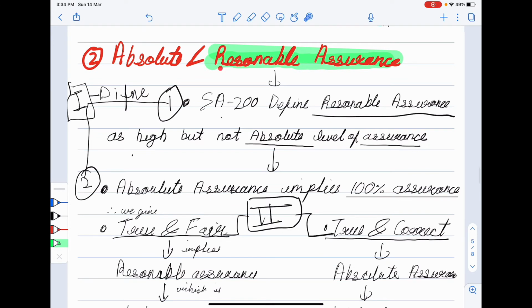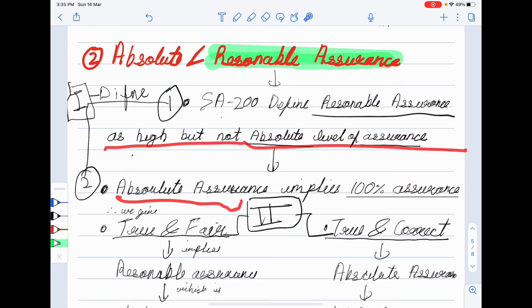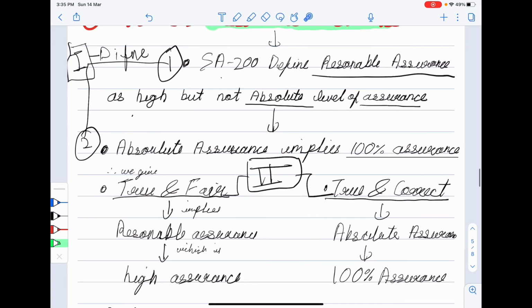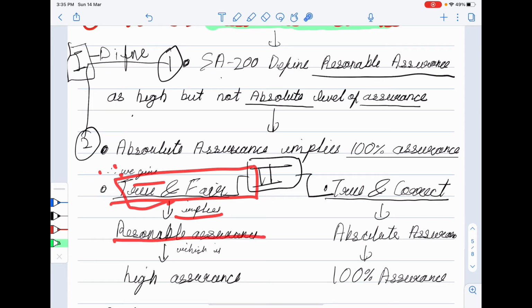If a question comes about absolute and reasonable assurance, first you need to define what is reasonable assurance. Reasonable assurance is high level assurance but not absolute assurance, and absolute assurance implies 100% assurance. Therefore we give a true and fair view. True and fair implies reasonable assurance, which is a high level of assurance, and not a true and correct view.